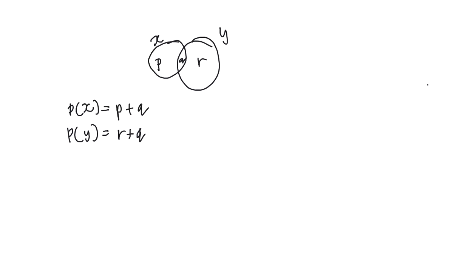Okay, and a thing to pay attention to here is q. So what is actually q? Q is the intersection of x and y, or mathematically the multiplication of x and y, which is q.